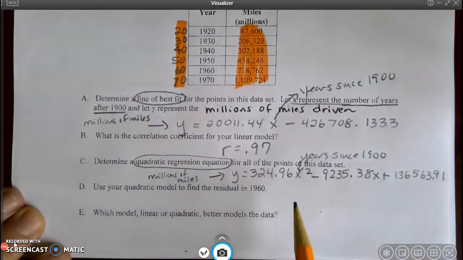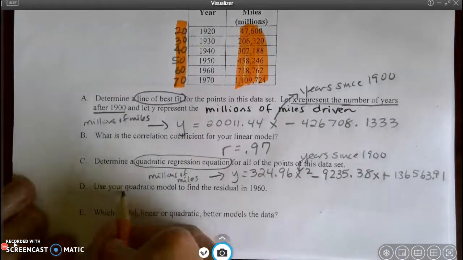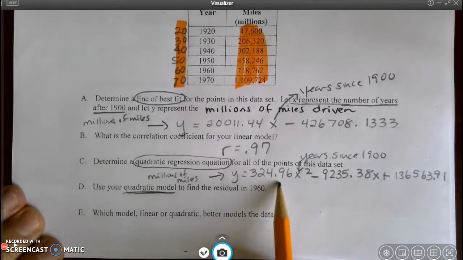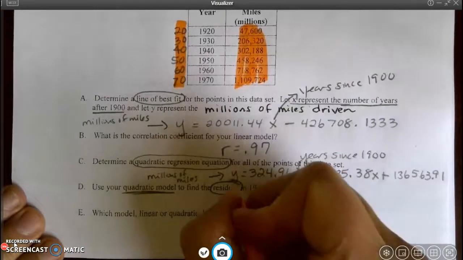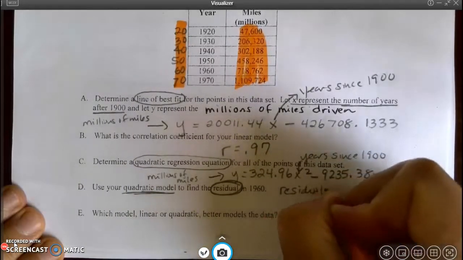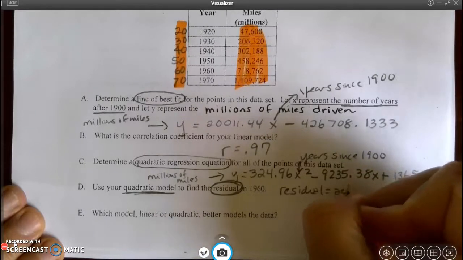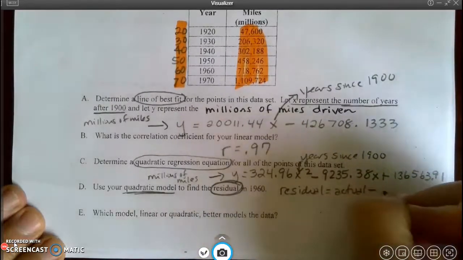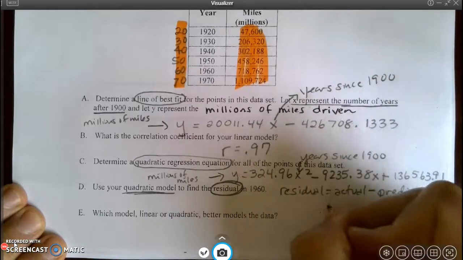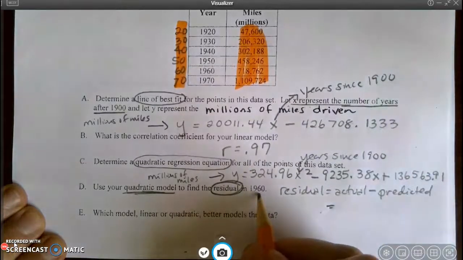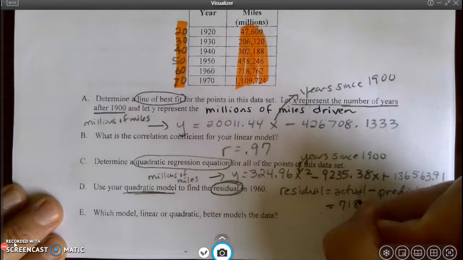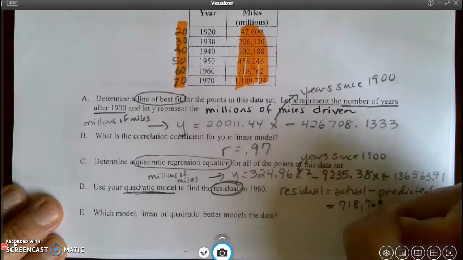Okay. My next question says use your quadratic model. So I'm going to use my model from part C to find the residual. I remember right away that a residual is actual minus predicted. Well, the actual value in 1960 is 718,762.